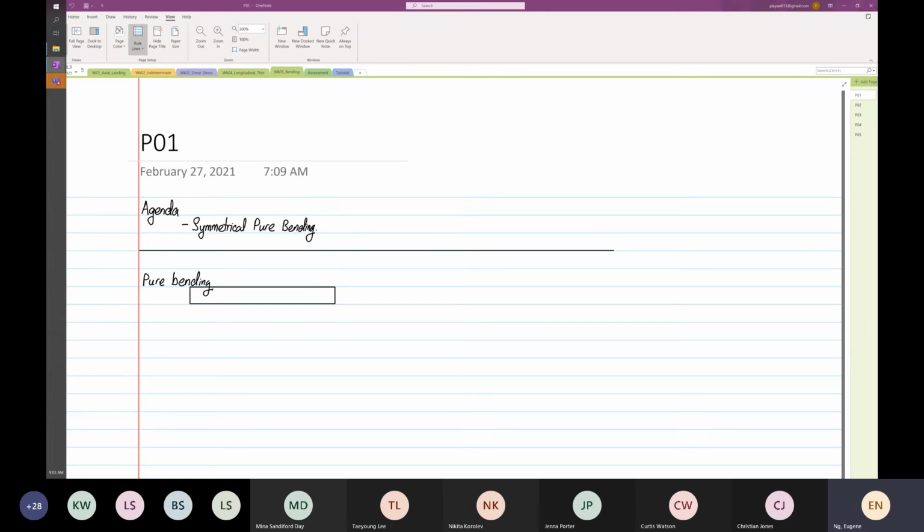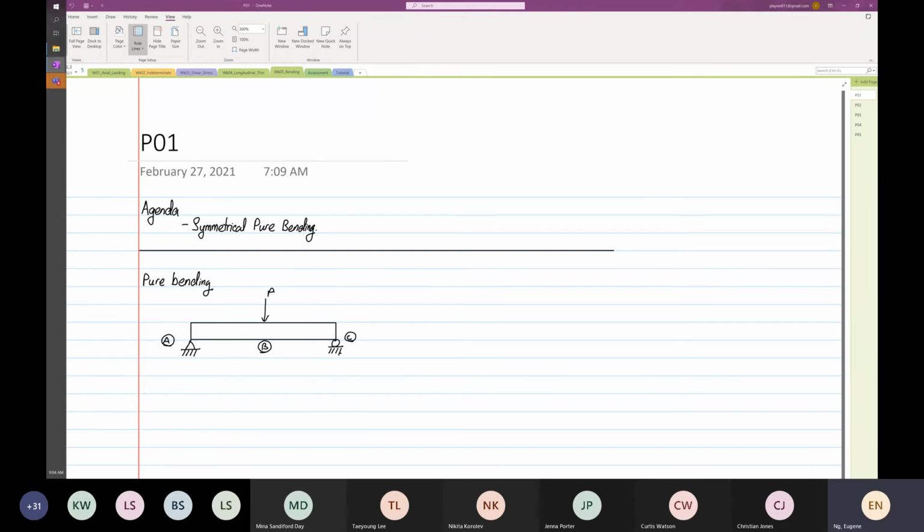We have a pin on one side, and the other side is supported with a roller. Then we have point A on one side, on the other side is point C, and at point B we have a load applied in the center, and this load is known as P.